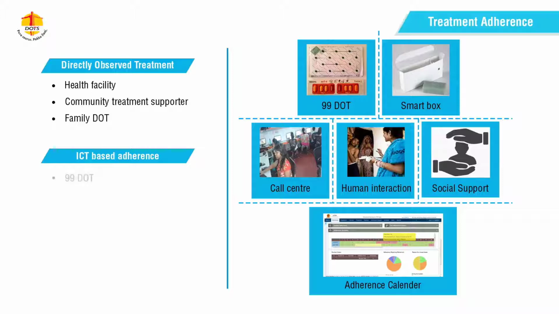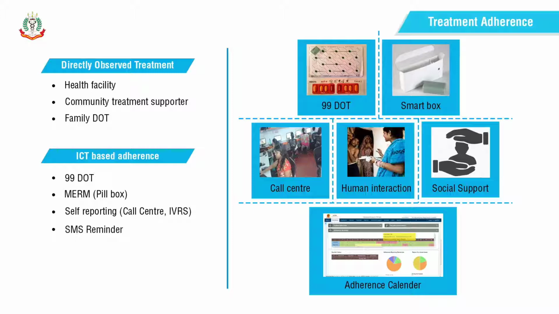These include a system called 99 dots, MERM boxes, which is medication event reminder system, self-reporting in the form of call centers or IVRS systems on their mobile phones, SMS reminders to the patients, pill counting. These are all the methods which are now possible to be used in conjunction with the human interaction of DOTS to strengthen the adherence monitoring on a much more real-time basis.